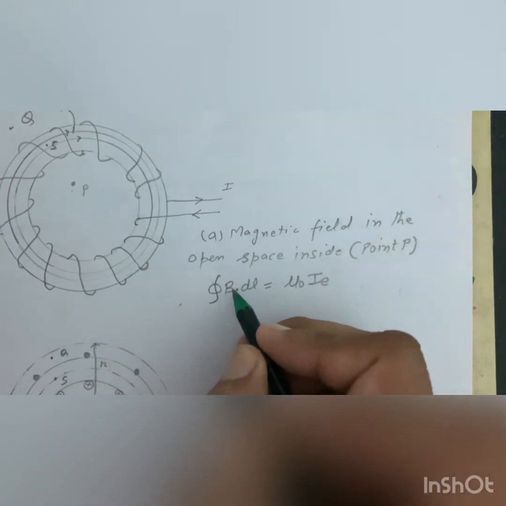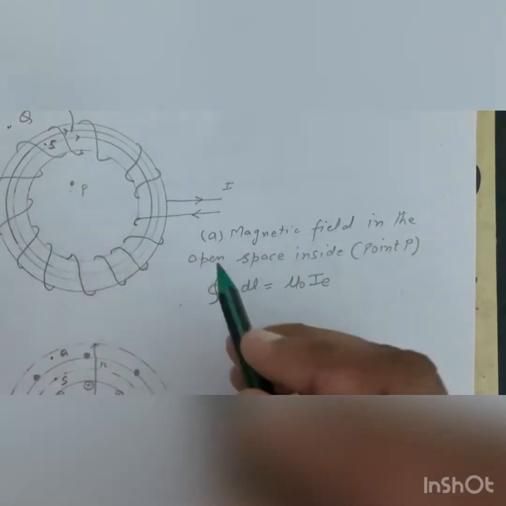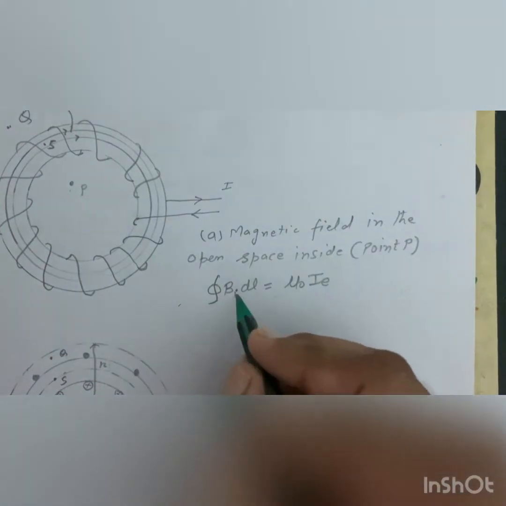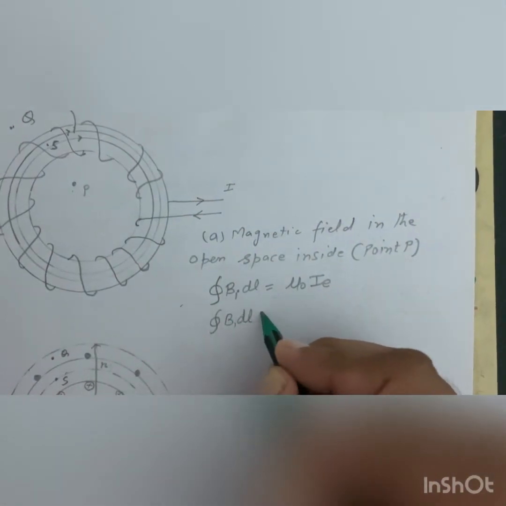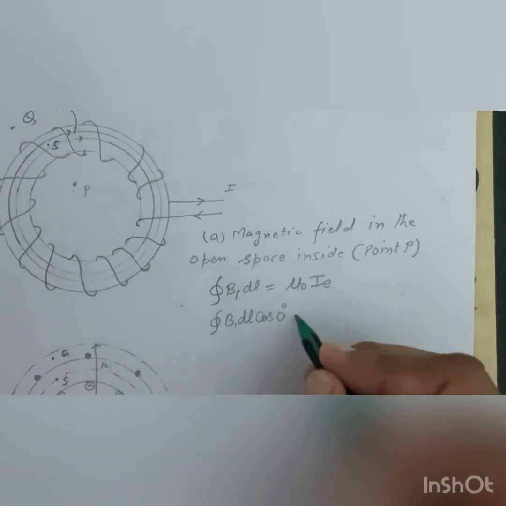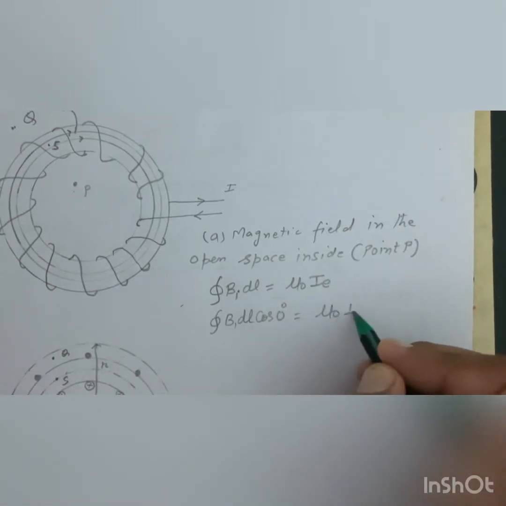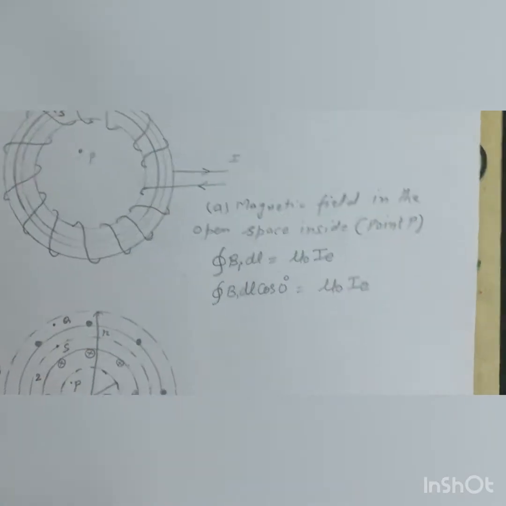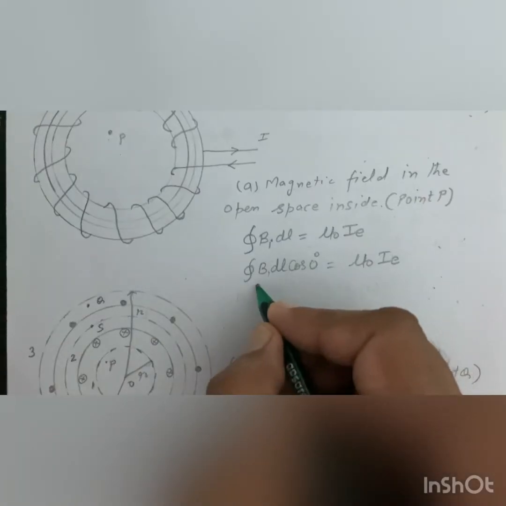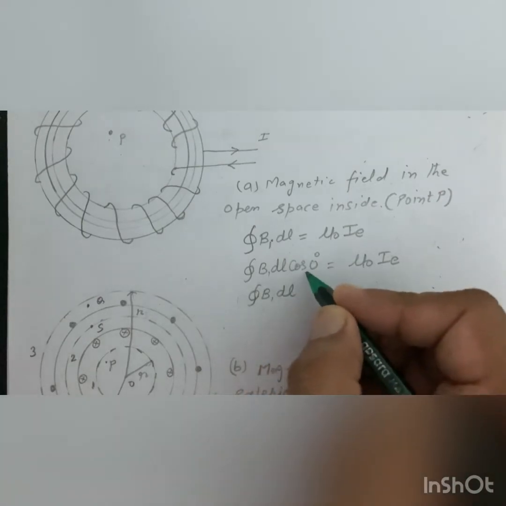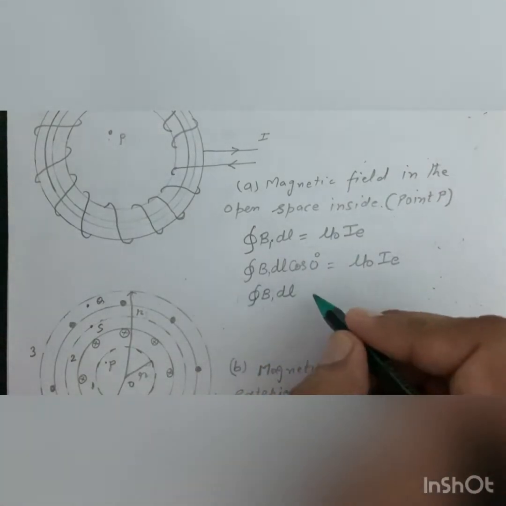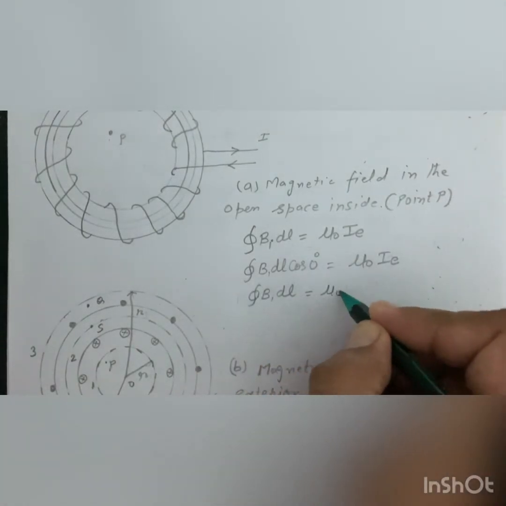We assume the magnetic field at point P is B1. Now here we have B1 dl cos of 0 degrees equals mu naught I_E. B1 dl, as cos of 0 is 1, equals mu naught I_E.